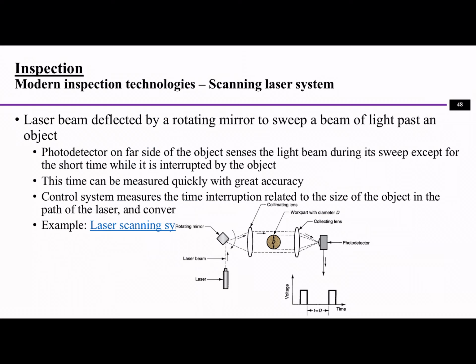And next one is optical, a scanning laser system. Laser system means I use the laser to measure whether there is a defect or not. For example, because you're using a laser, you can measure the distance.